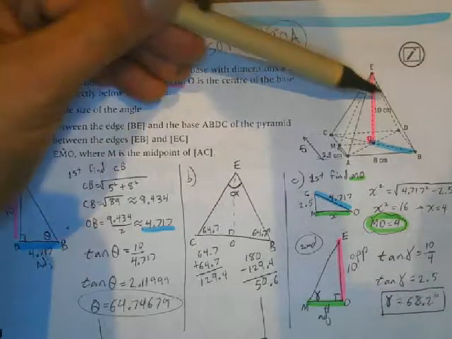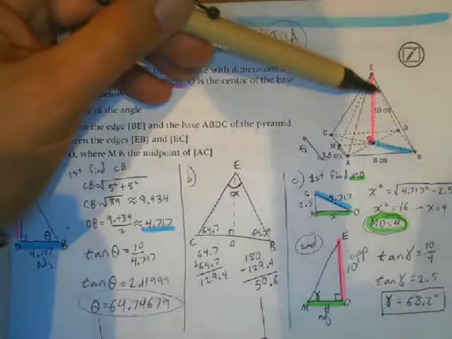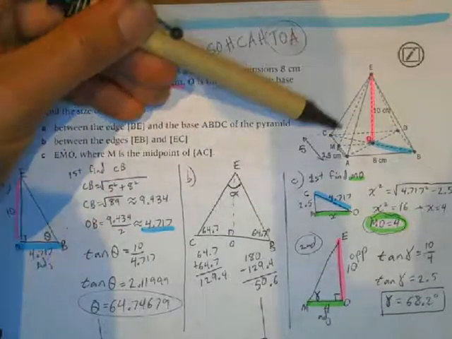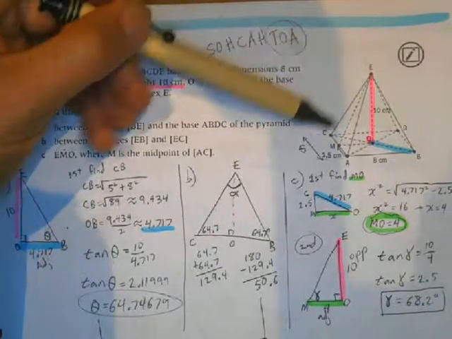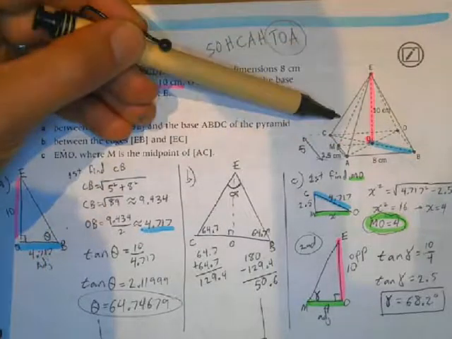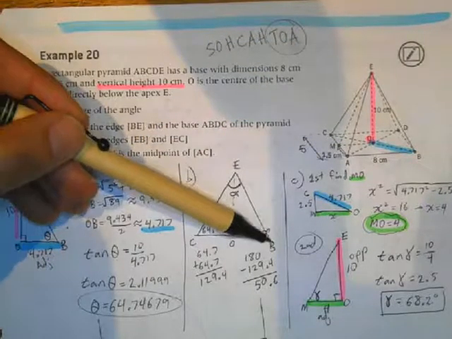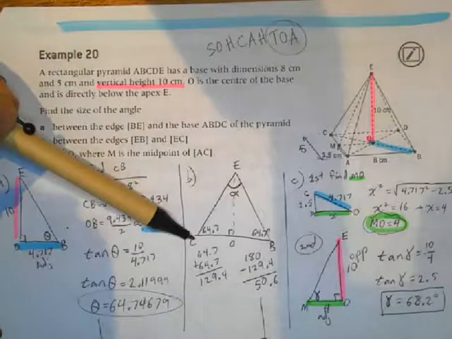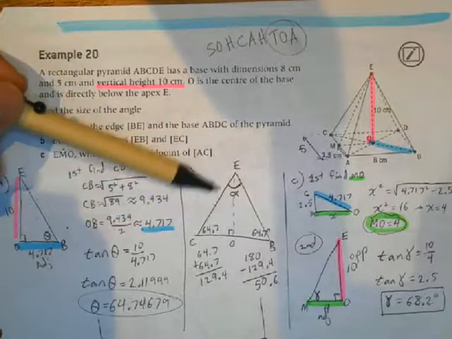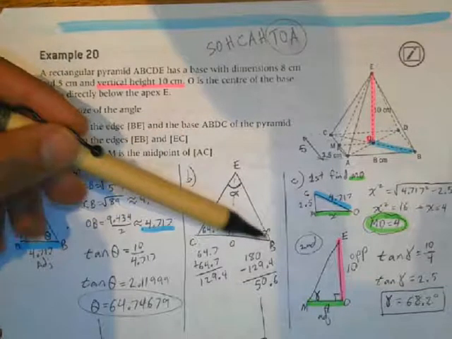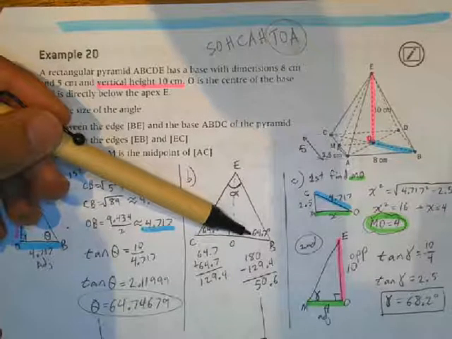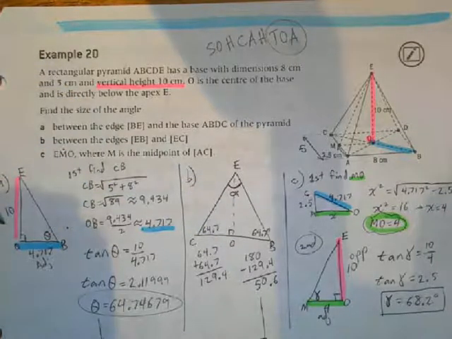So EB and EC. So if I cut a cross section of this pyramid, I would have BEC. Well, I just found out that this angle here was 64.7, which is what I just did over here, right?